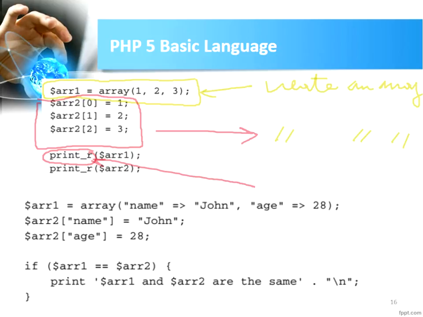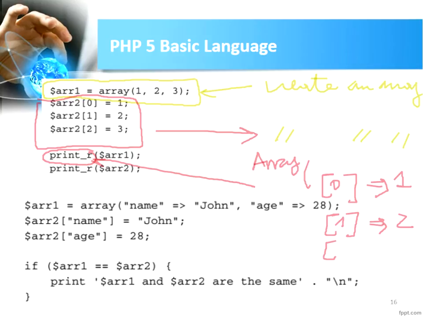In our case, the variable is array 1. But when this function displays this variable, it displays it in a way that is readable by humans. For example, here, the result of the first instruction will be like this, an array like this.